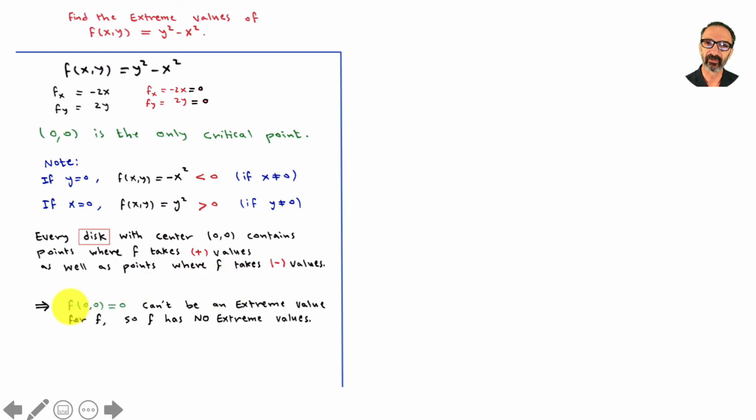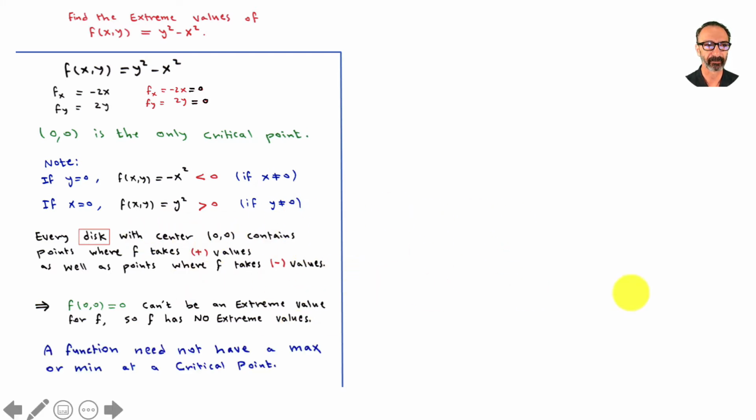So f(0, 0) equals 0 cannot be an extreme value for f. So f has no extreme value because to be a max, it has to be greater than or equal all the time in that disk. But that's not the case that we are describing.